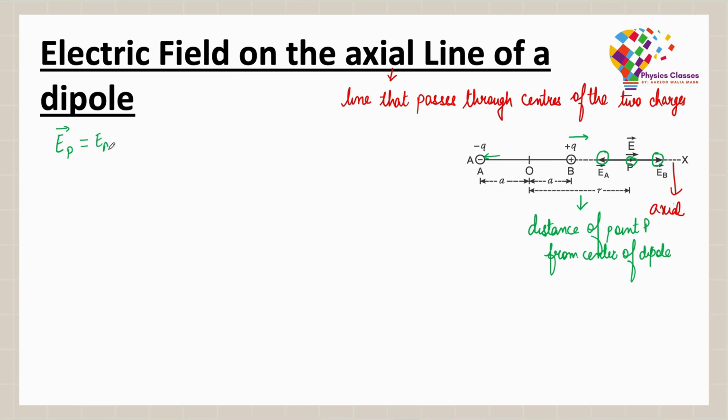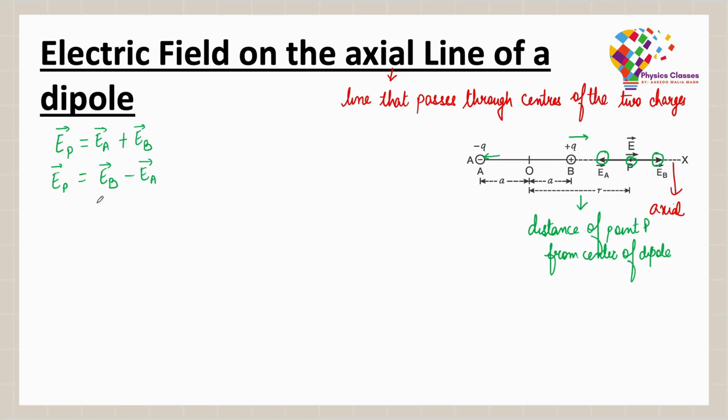So my electric field at this point P can be written as the electric field at point A plus the electric field at point B. But as we can see from here, the electric field due to the charge A is towards the left and the electric field due to the charge B is towards the right. So I will have to subtract these two. I'll have to take the electric field due to B minus the electric field due to A.